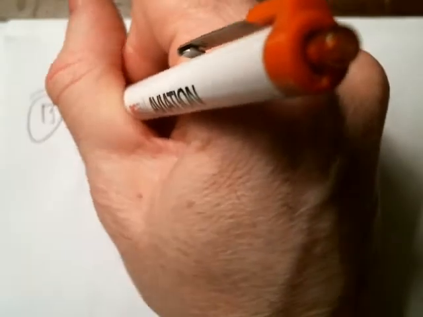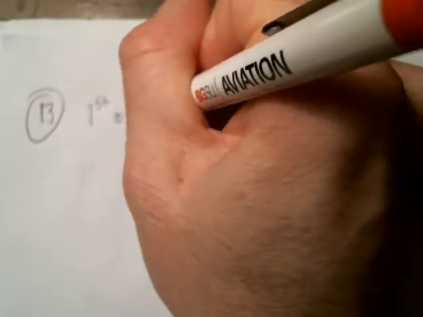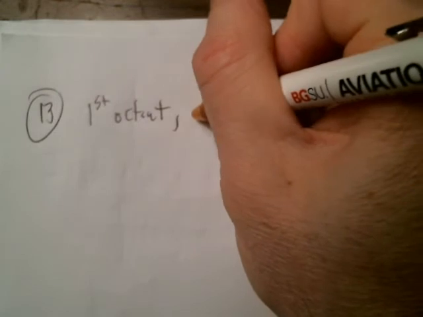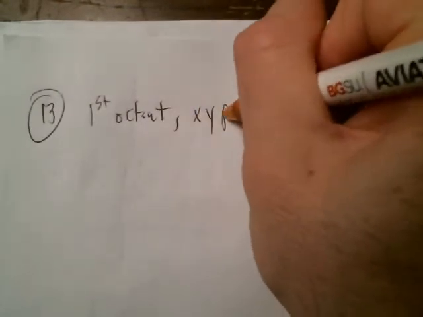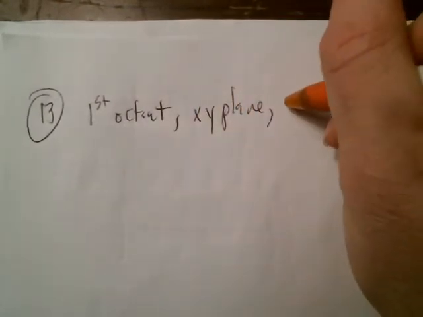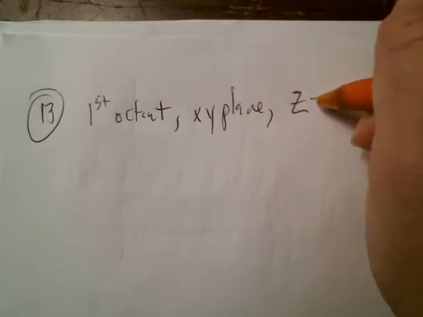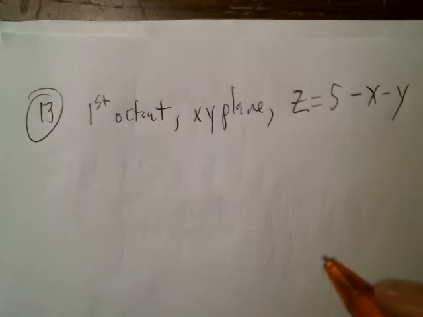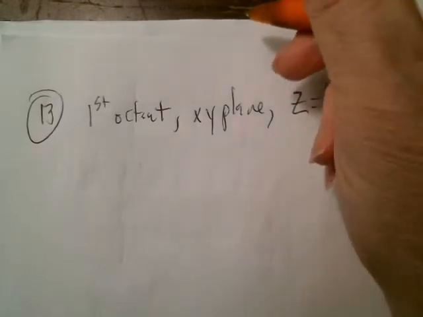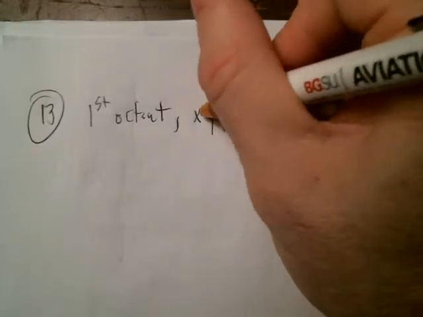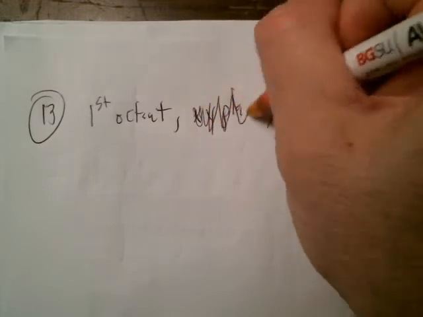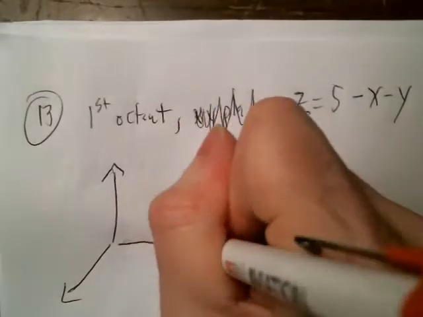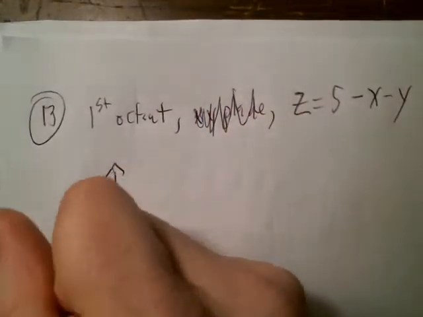So first octant, the xy plane, and the plane z equals 5 minus x minus y. The coordinate plane, sorry. I think what they mean is just to stay in the room designated by the positive x, y, and z axes.